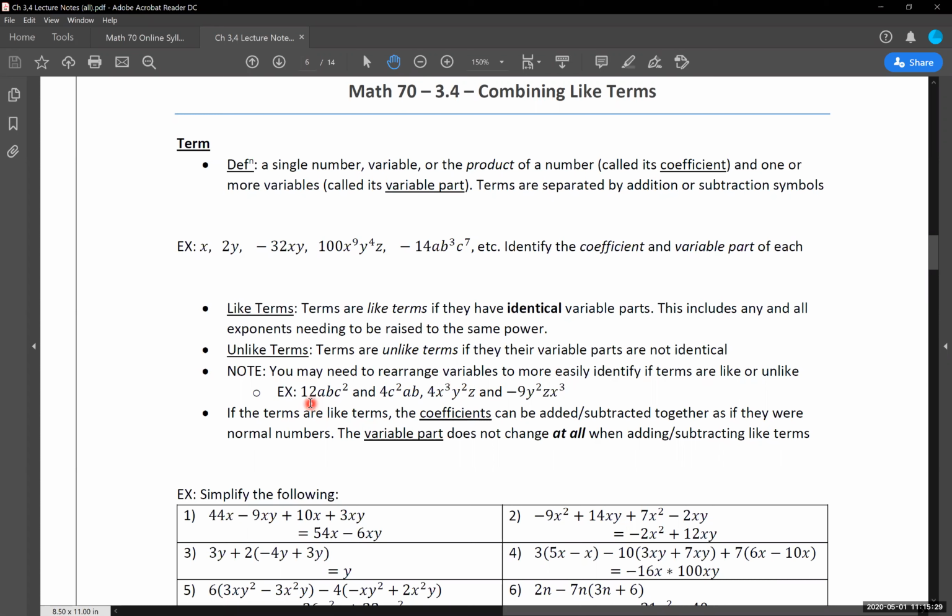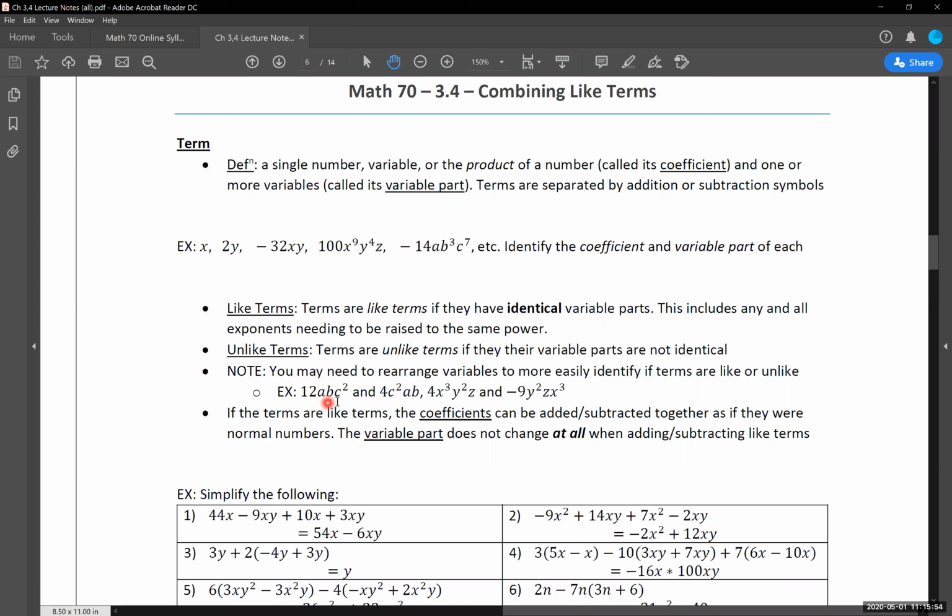If we're asked, okay, is 12abc squared a like term with 4c squared ab? Looking at our first one at face value, our definition of a like term means they have identical variable parts, and the variable parts are not the same.